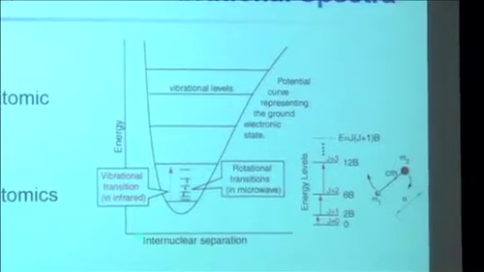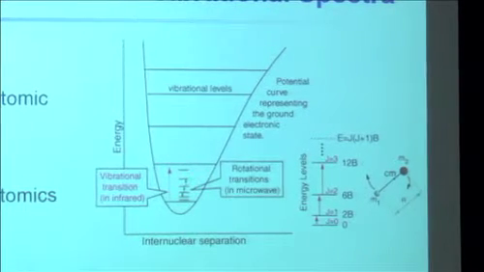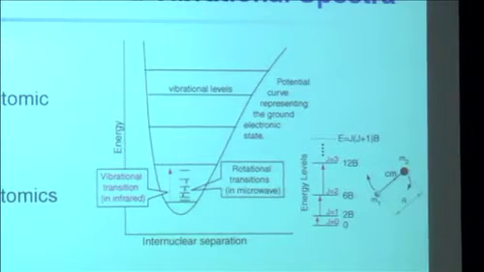In general, the molecule will have some amount of rotational energy and some amount of vibrational energy. If the temperatures are low, almost all of the molecules are in V equals 0, because this spacing might correspond to a temperature like 2,000 degrees. So unless you're really hot, almost all the molecules live right here with some amount of rotational energy.